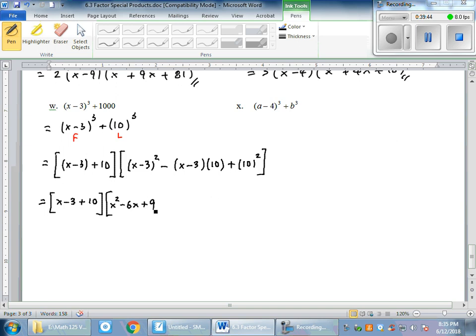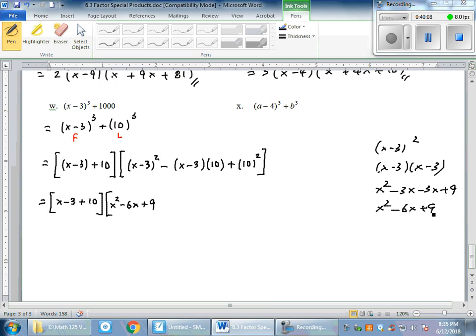Well, you can FOIL it on the side, okay? x minus 3 squared is x minus 3 times x minus 3, which will be x squared minus 3x minus 3x plus 9, which will give you x squared minus 6x plus 9. Same thing. So whichever approach you want, that's fine.